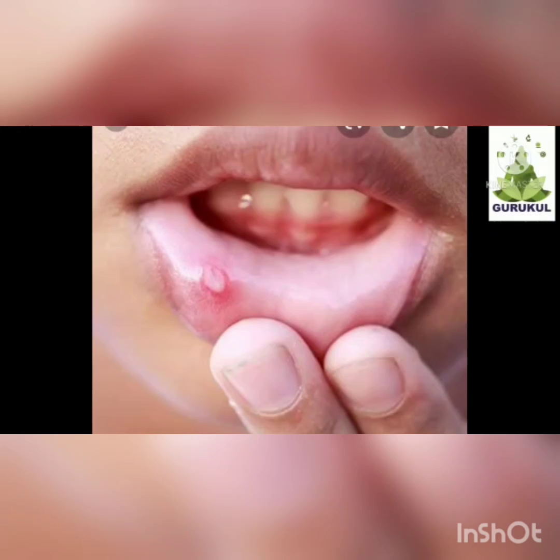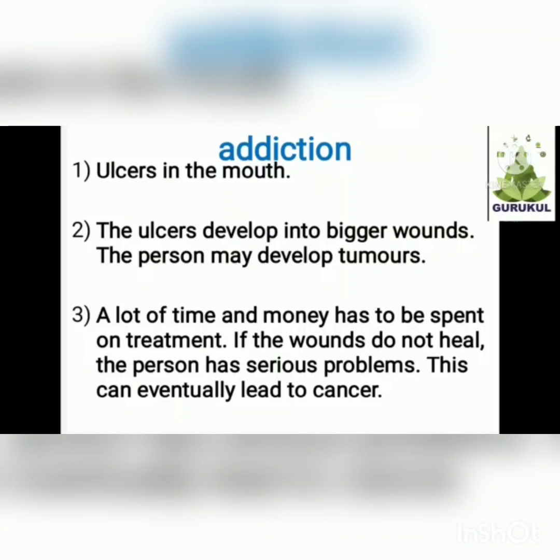The ulcers develop into bigger wounds and the person may develop tumors too. Okay. Then a lot of time and money has to be spent on treatment. If the wounds do not heal, the person has serious problems, and this can eventually lead to cancer. Okay.